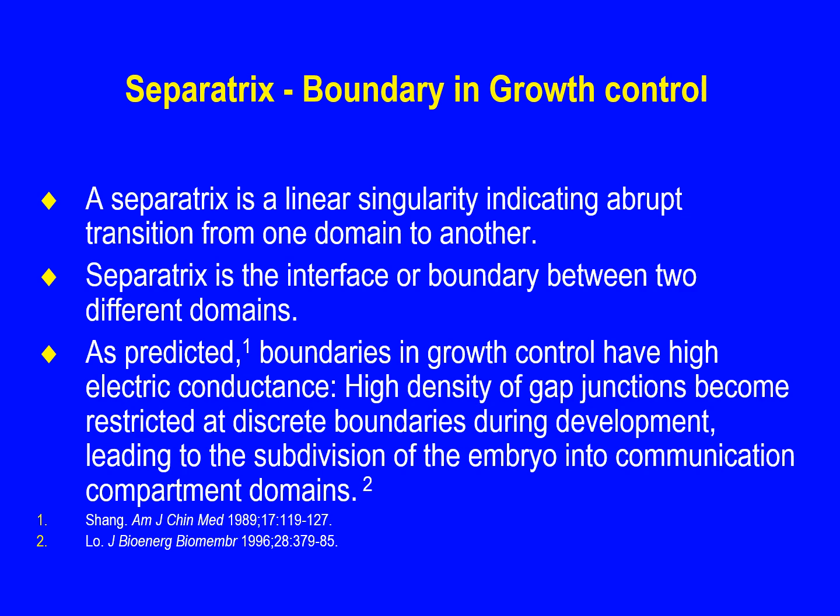So it is an interface or boundary between two different domains. As predicted, the boundaries in growth control have high electric conductance, and a high density of gap junctions become restricted at discrete boundaries during development, leading to the subdivision of the embryo into communication compartment domains.